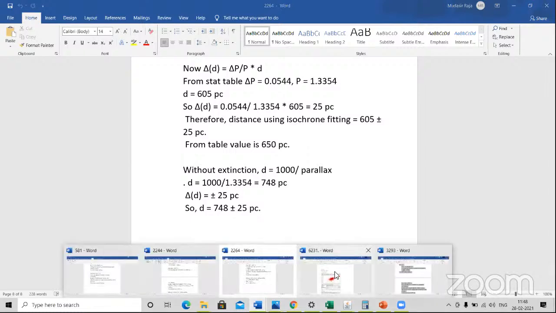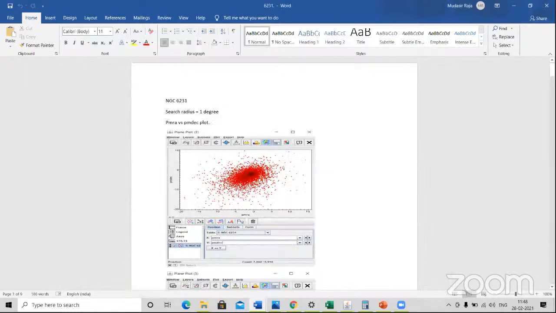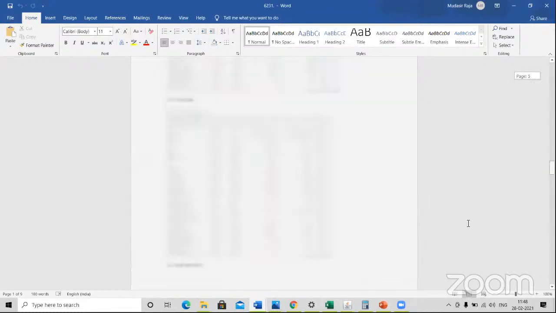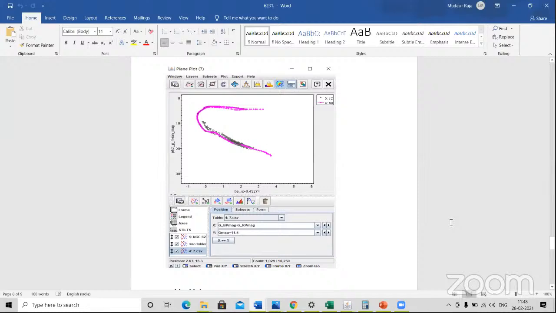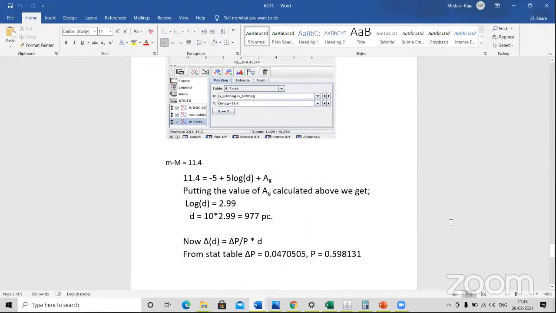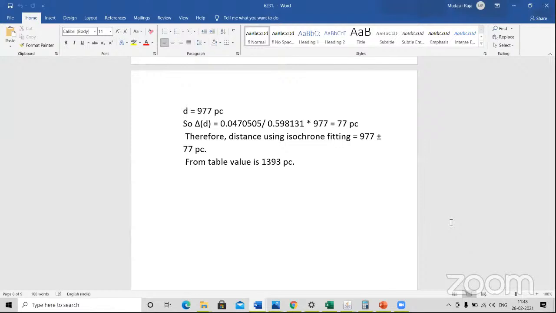And for 6231, I got 977 plus or minus 77 parsecs, and from the table it was 1393 parsecs. So for almost all the clusters except 6893, this isochrone fitting gave us a very close value of the distance.